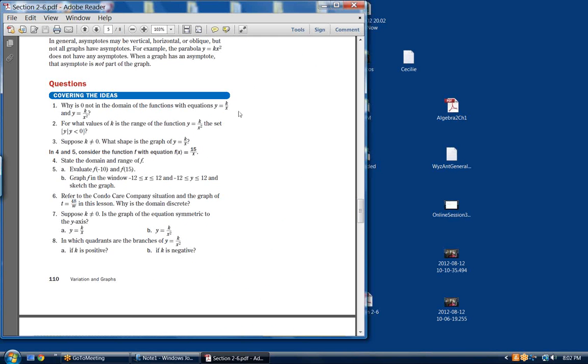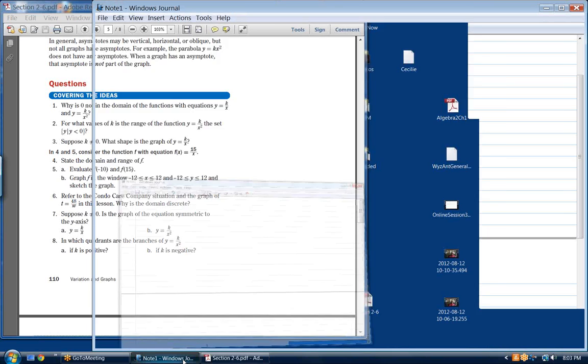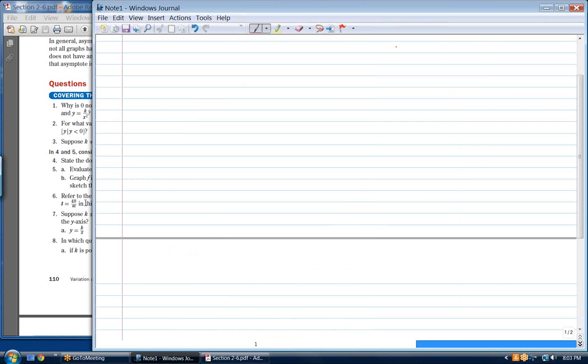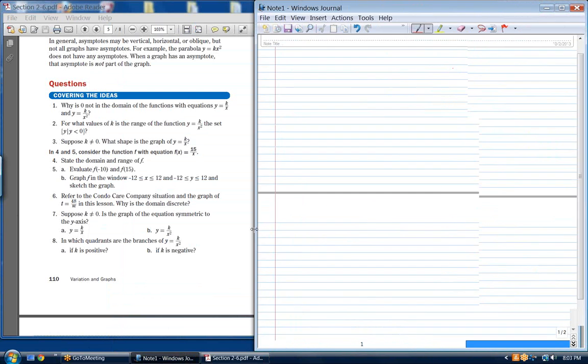Why is 0 not in the domain of y equals k over x or y equals k over x squared? I don't know.